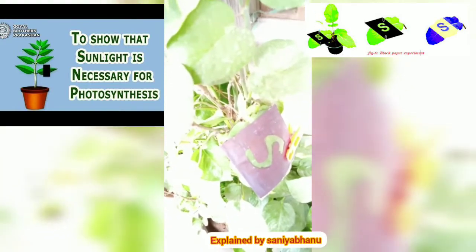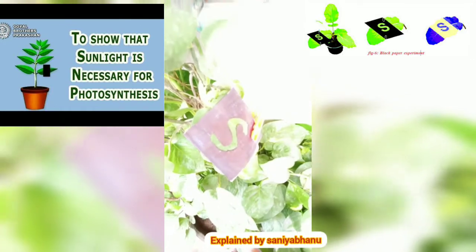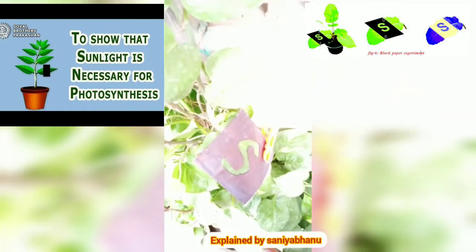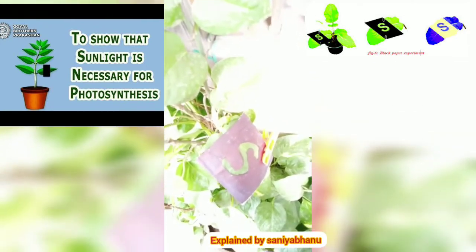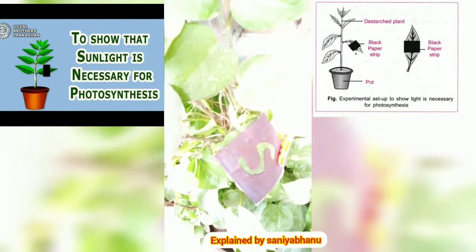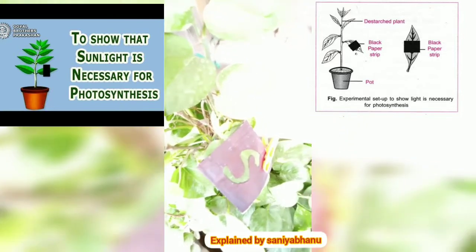Until then, we will learn something about photosynthesis. Photosynthesis is the process in which the plant prepares its own food with the help of water, nutrients, carbon dioxide and sunlight. What is meant by photosynthesis? Photo means light and synthesis means to bring together.